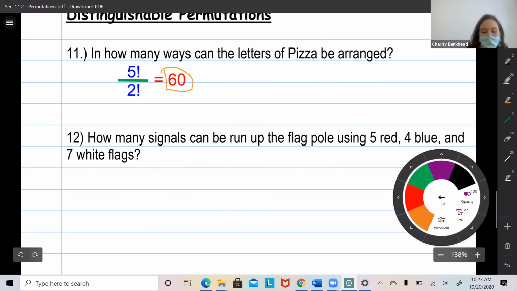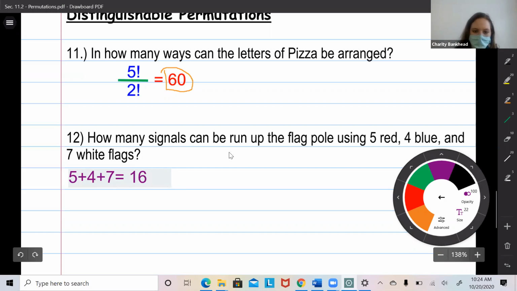All right. Number 12 says, how many signals can be run up the flagpole using 5 red, 4 blue, and 7 white flags? All right, so the total number of flags, 5 plus 4 plus 7 equals 16 total flags.